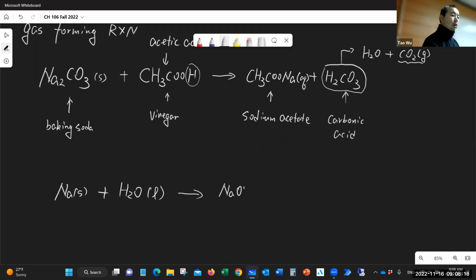They generate sodium hydroxide and hydrogen gas. So this is also another gas forming reaction. The hydrogen gas will come out. Oh, sorry, not the S, it should be g for gas. The hydrogen gas is coming out and the sodium hydroxide dissolves in the water. I haven't balanced this equation yet; I need to balance this equation.